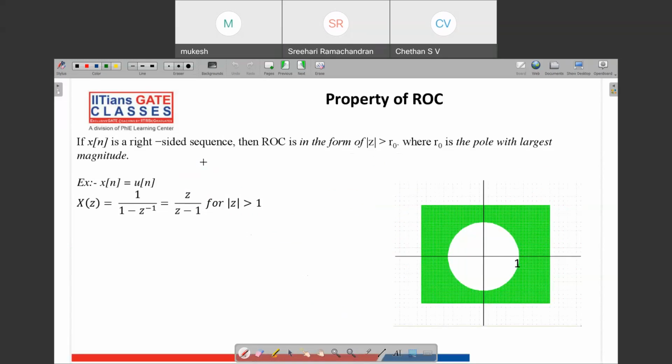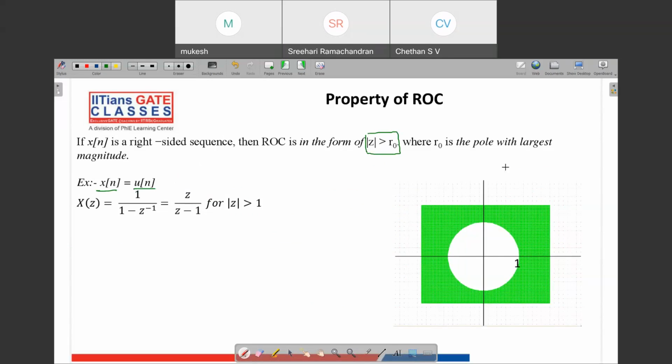Now, the third property is the same as what we have seen in the Laplace property. If you have a right-sided signal, let's say x[n] = u[n], which is a right-sided signal, then the ROC will be in this form: mod of z greater than r naught.